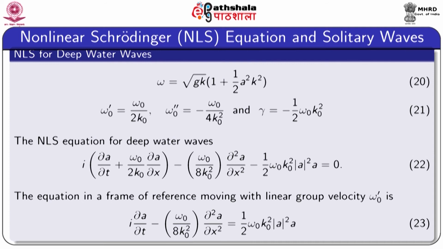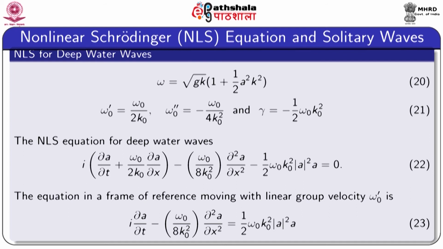Now, I want to derive the nonlinear Schrodinger's equation for the deep water waves problem, starting from the dispersion relation. For deep water waves, the dispersion relation is given by this, which is written in equation number 20.